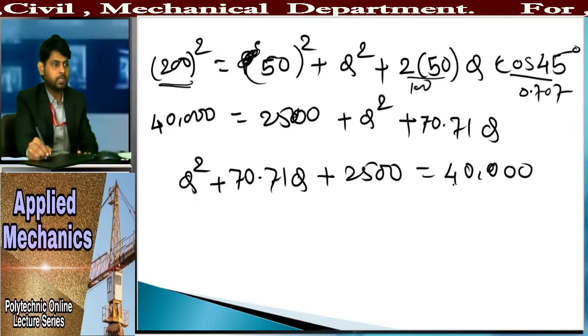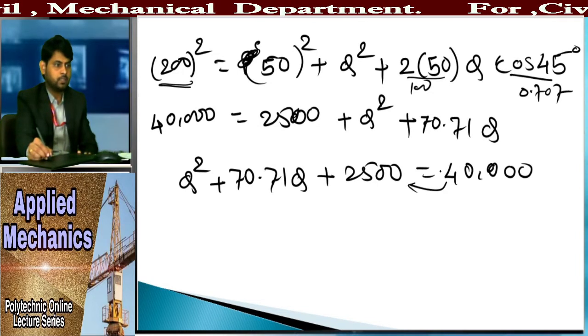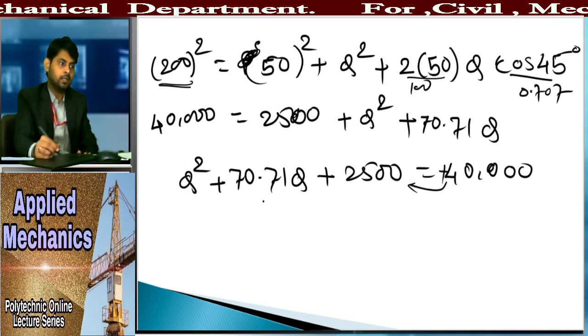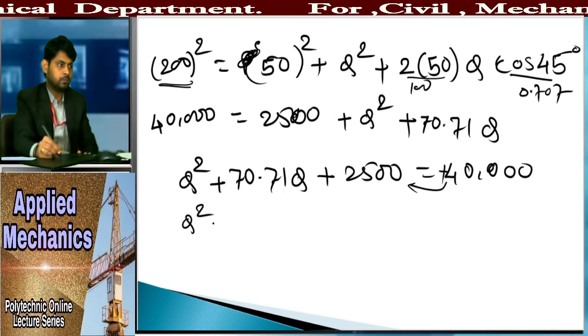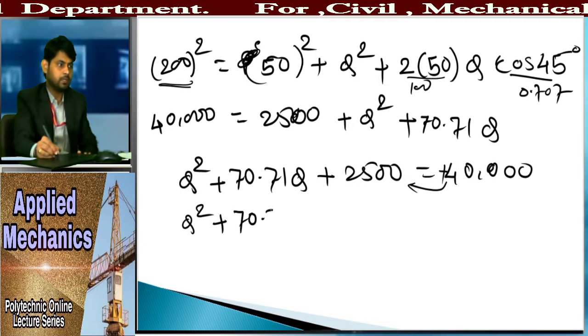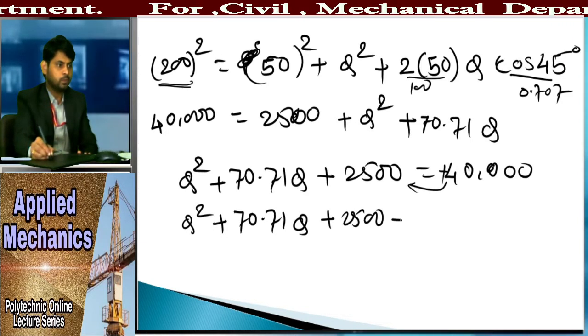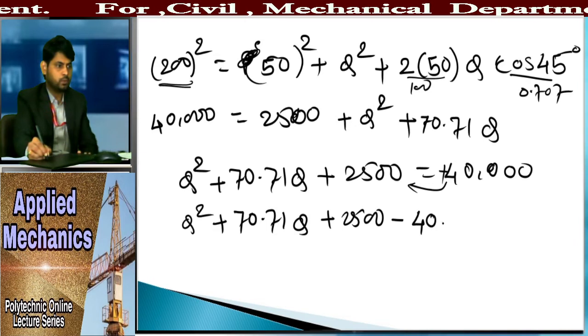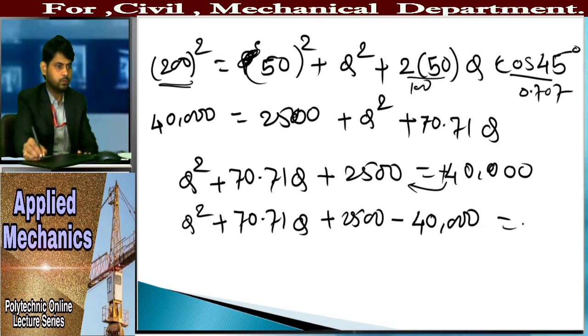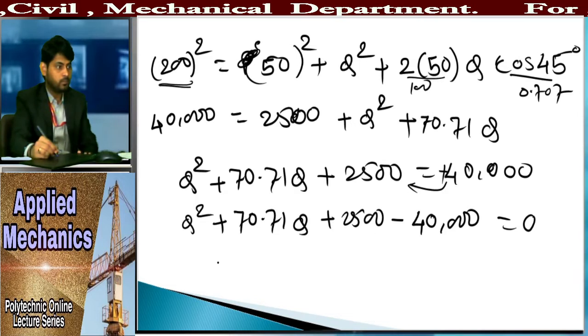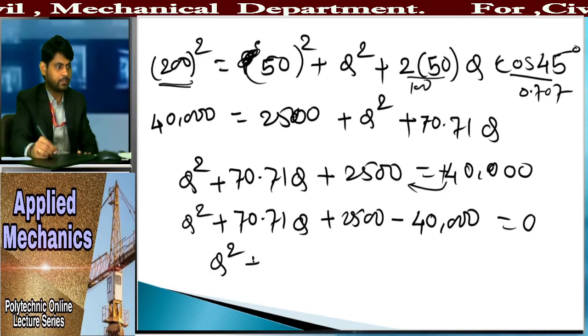So these terms are taken to the left side. Here the sign is positive, after going to the left side it will be negative. So Q square plus 70.71 Q plus 2500 minus 40000 is equal to 0, right? Now do the calculation, do the subtraction of that value.